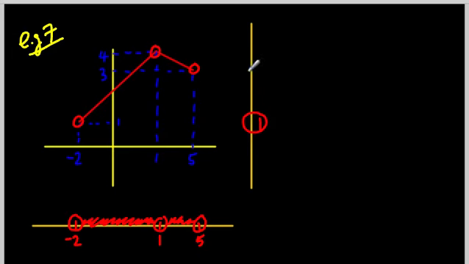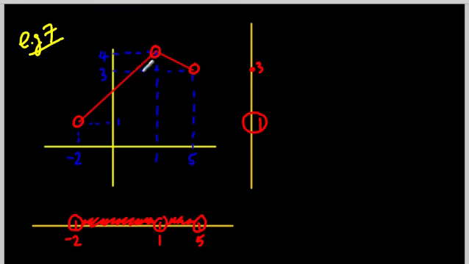Now, as I go up over here, I can see that this is, say, a 3 over here. Now, you might think, again, just like the previous example, that this is an open circle. But remember, this is a range of possibilities. So even though for this point right here, 3 does not exist, 3 does exist right here. So we're going to call this a closed circle right here. This is definitely a closed circle, not an open.